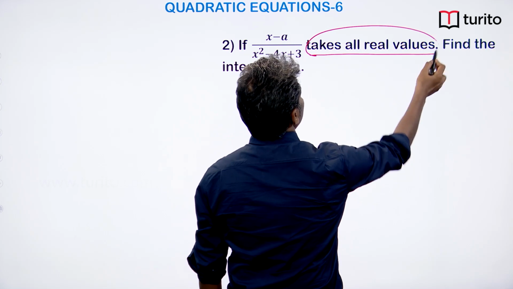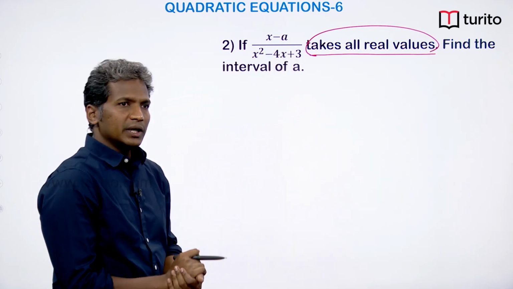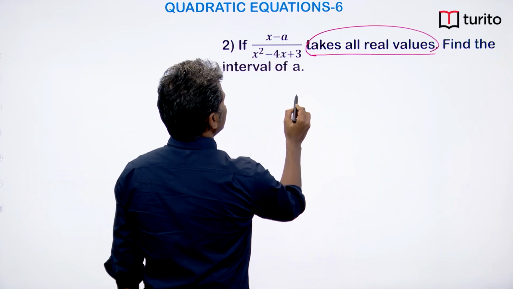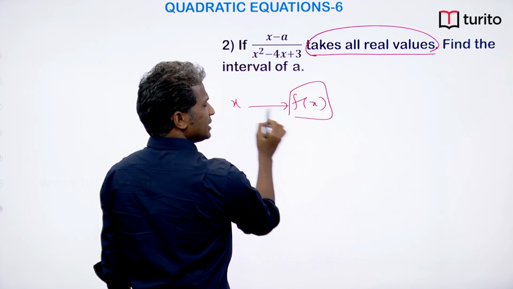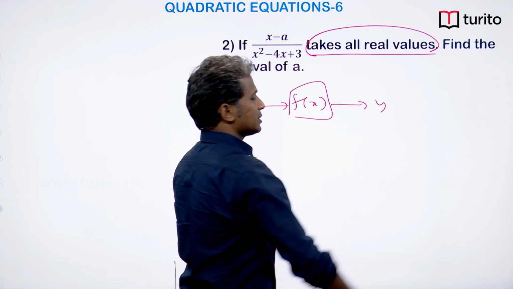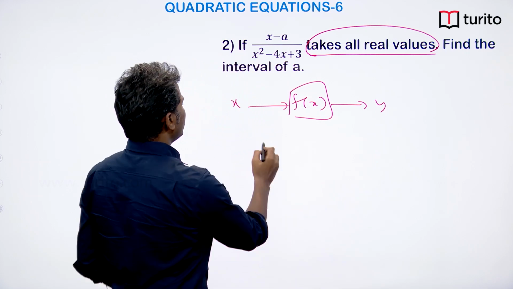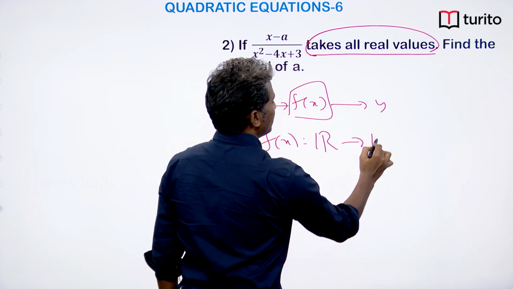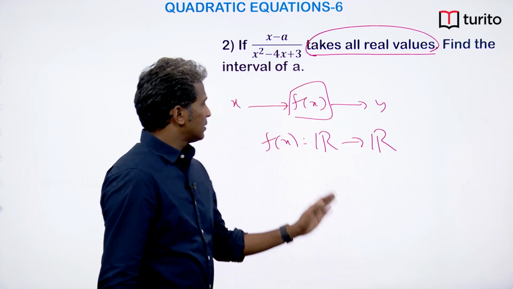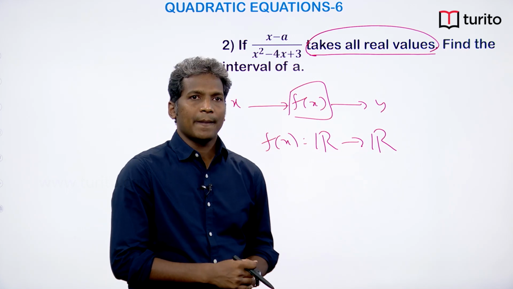Takes all real values. Whenever we talk about any function, let us say f of x, you remember that input is a real number, output is also a real number. So whenever we are talking about any function, we are basically talking about a function which is mapped from real values to real values.